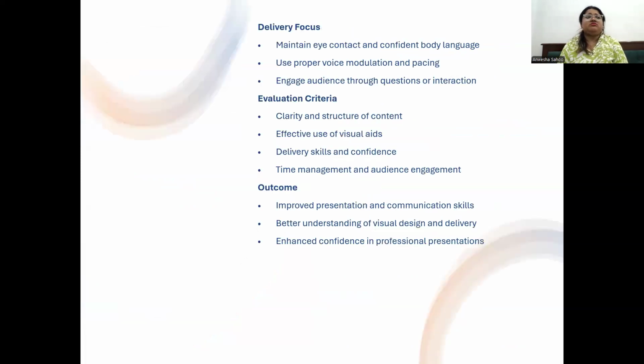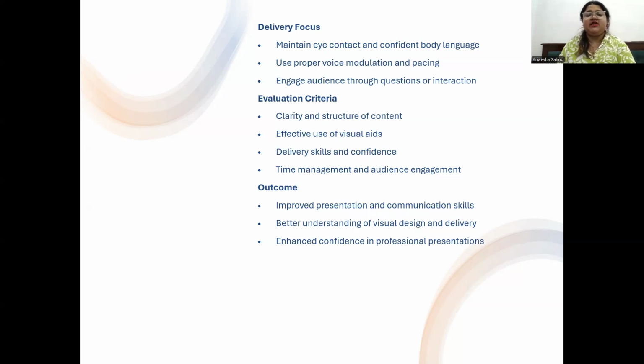Like the delivery focus, as we have also discussed before, you should have proper eye contact, proper voice modulation, and the main part is to engage your audience through question and answer and interaction. Also, the evaluation criteria are clarity and structure of the content, effectiveness of your visual aids, delivery skills and confidence, time management, and audience engagement.